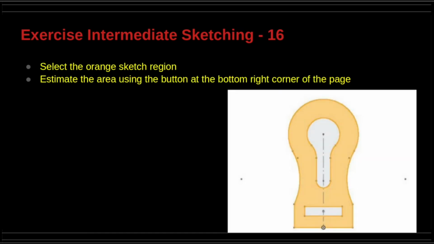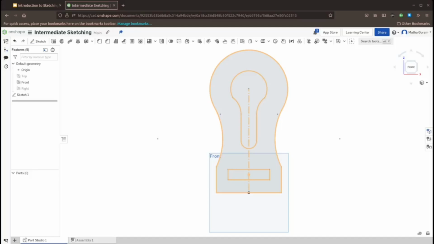Estimate the area using the measure button at the bottom right corner of the page. The area of the orange sketch region is shown in the slide.